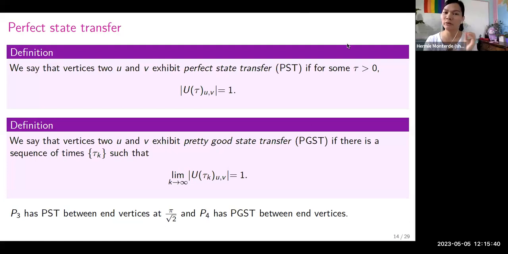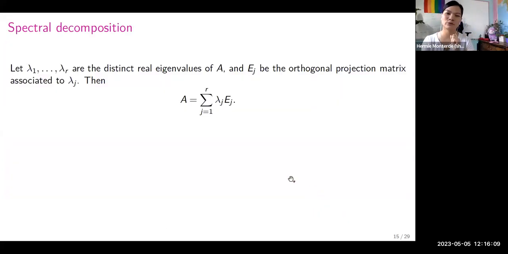So take note here, we are interested in both of these quantum phenomena because we want the quantum state at vertex u to be transferred to vertex v, either with probability 1 or probability close to 1. That represents the transfer of quantum information, and this is the mathematics behind that. If you'd allow me, we can now move forward.